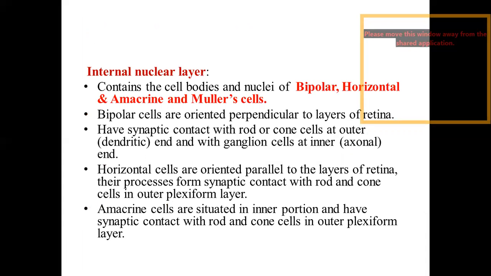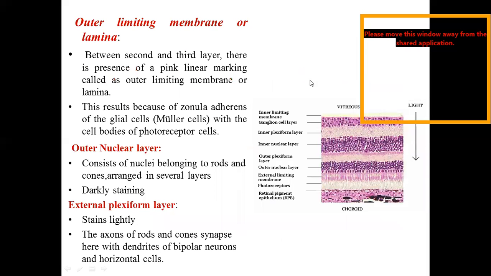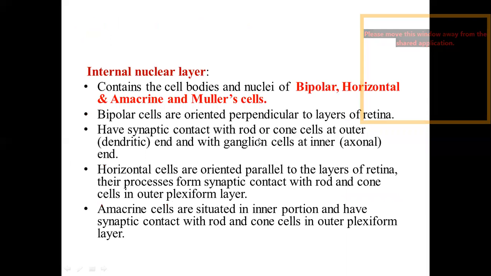They are oriented perpendicular to layers of retina, and they have synaptic contact with rods and cones. As I told, the axons of rods and cones will synapse with dendrites of bipolar and horizontal cell here in outer plexiform layer. And on the inner coat, their axons will synapse with ganglion cells.